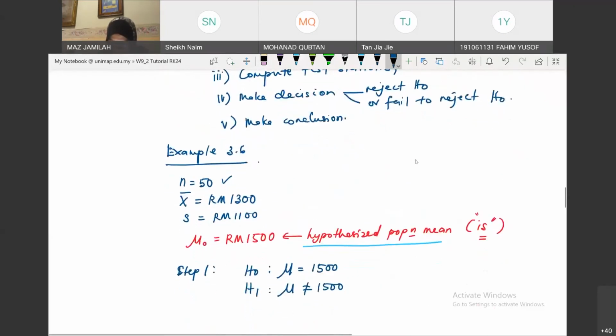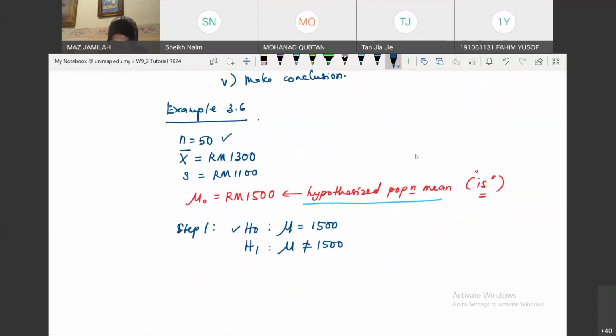So in this case, I have the null and I have the alternative statement, but where is the claim? So look back to your question. The question asks whether you have sufficient evidence to reject the claim that the mean of yearly expenses is RM 1,500. So this becomes your claim. Okay, so you are going to test whether this claim will be rejected or fail to be rejected.